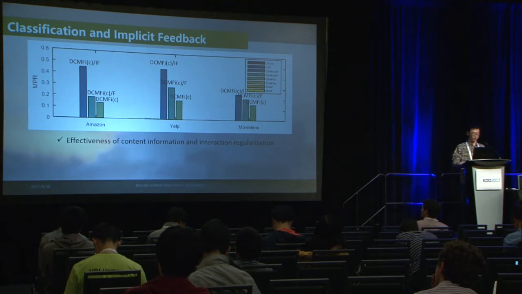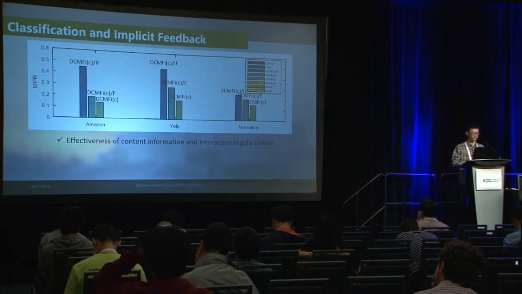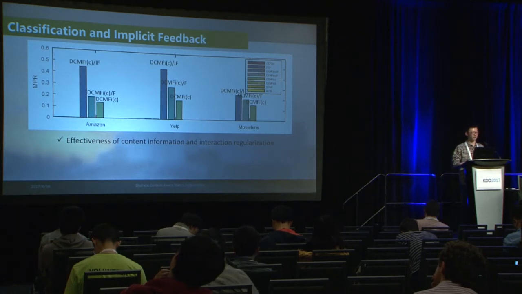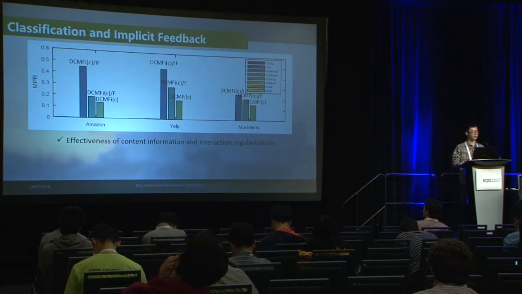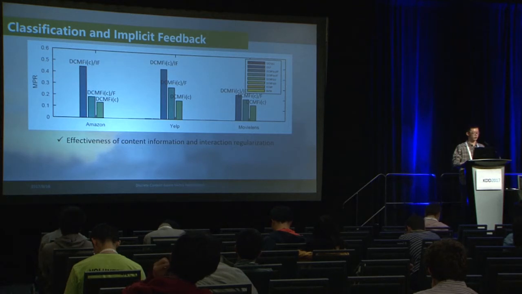First, these three bars, from left: the first bar means the initialization of DCMF with continuous latent factors, which removes both content information and interaction regularization. The second bar removes just content information, and the third bar removes nothing.